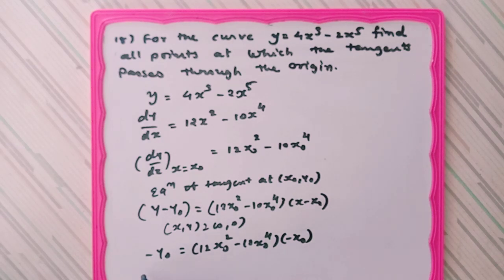So for the y0 value we put minus of 4x0 cube minus 2x0 raised to 5, equals 12x0 cube minus 10x0 raised to 5.